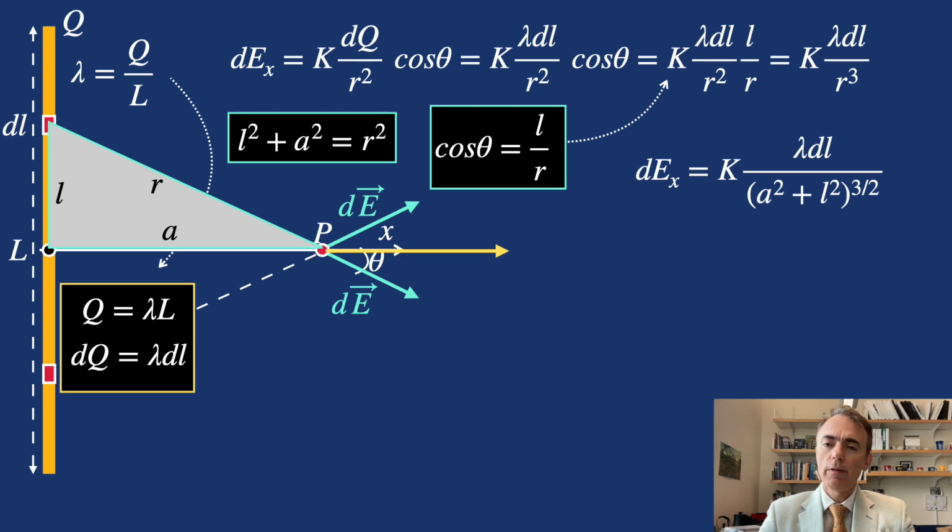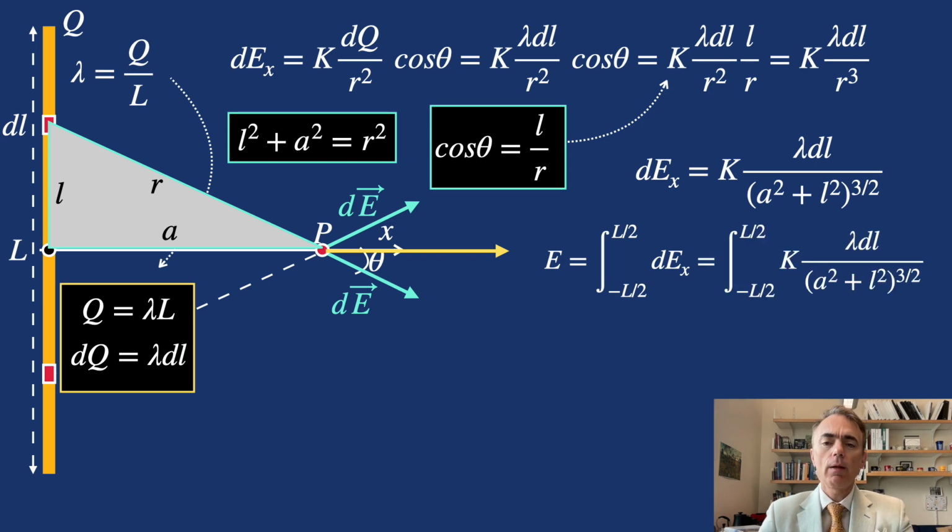now I have the differential of E field in terms of constants and in terms of dl, which is the differential element along which I am going to integrate. Now, the total E field at this point is the integral of this expression from minus L over 2 to plus L over 2.